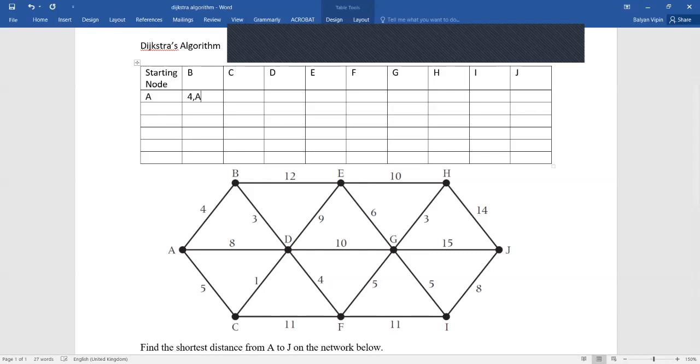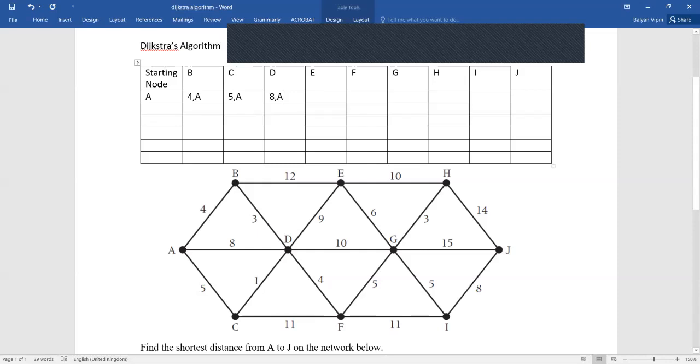It will be through A, means you are emanating, or the starting point is A. Then whatever the remaining nodes which A is connected to, you will mention. Then C, the cost is 5, and you will travel through A, means obviously you have to use the node A. D, it's 8 comma A.